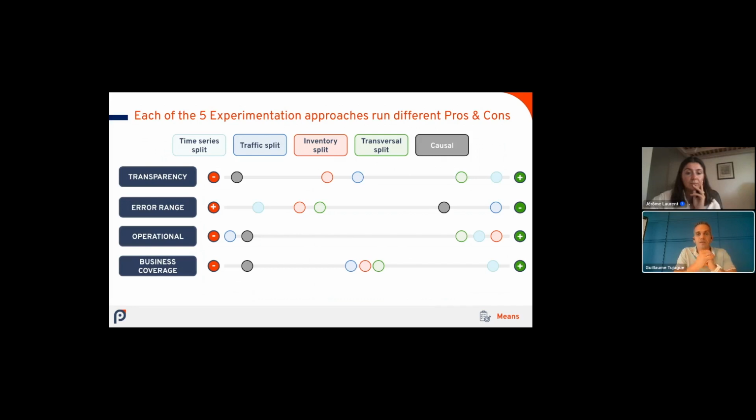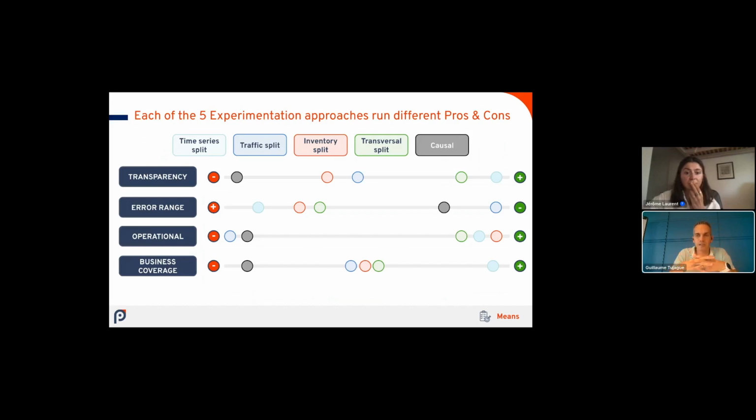On the other side, the time series split ranks positively, because a small range of hours, or just 1 day out of 7, is enough to measure.